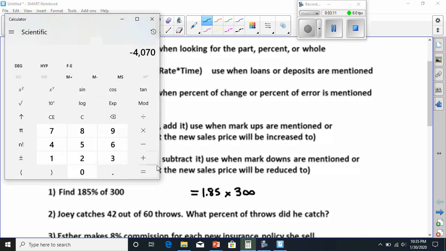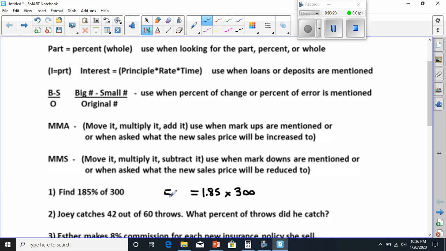Well, if we get our calculator out here, we take 300, multiply it to 1.85, that's going to give us 555. So the answer is 555.